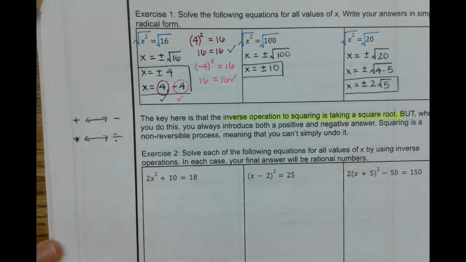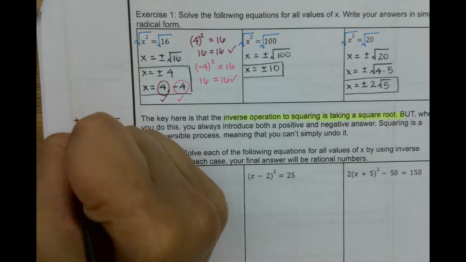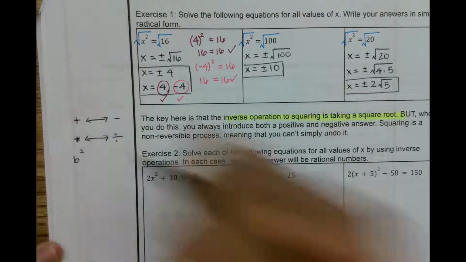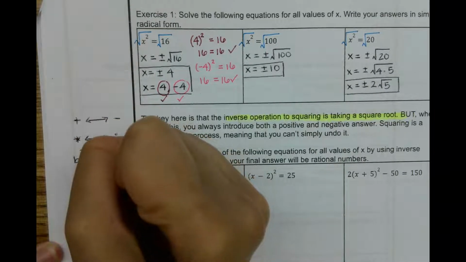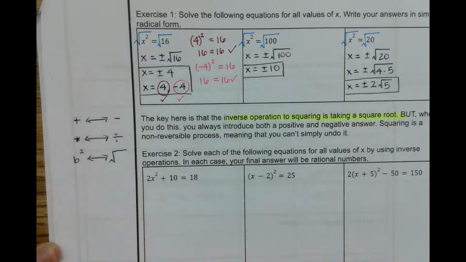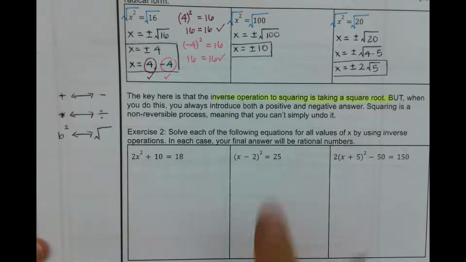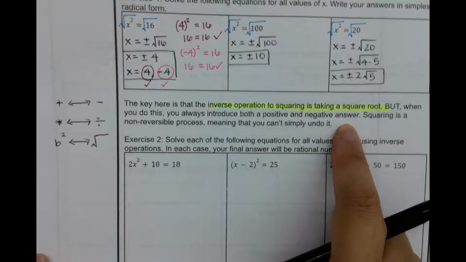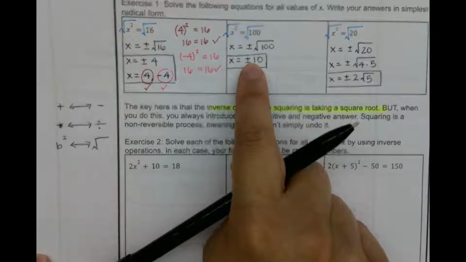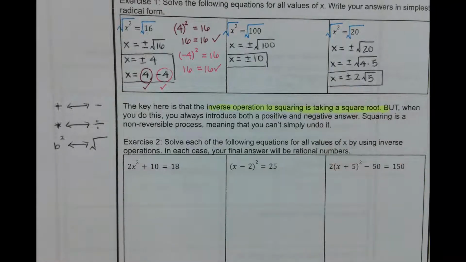Same thing, if we have something to a squared or a power, the opposite would be to root it. But when you do this, you always introduce both a positive and a negative answer. That's why we had plus or minus 4, plus or minus 10, plus or minus 2 square root of 5. Squaring is a non-reversible process, meaning that you can't just simply undo it.